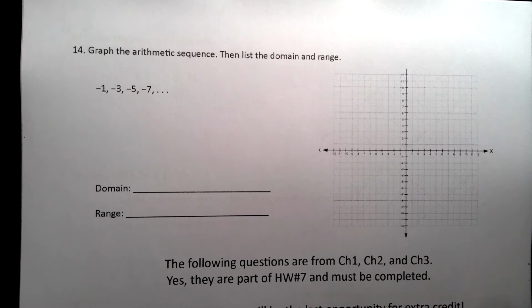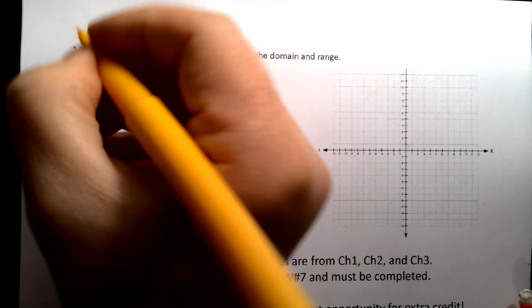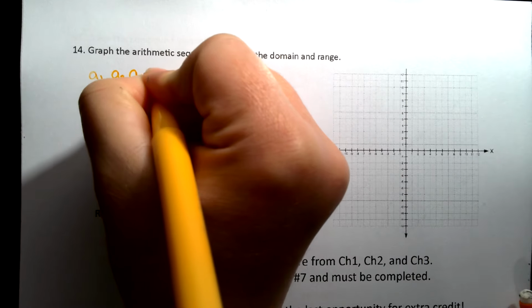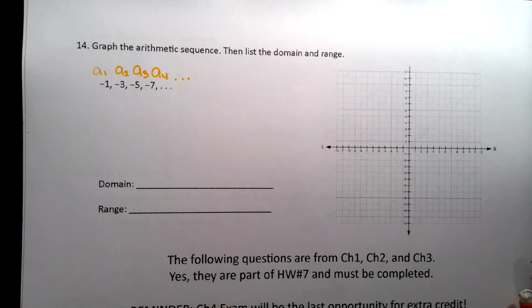Graph the arithmetic sequence, then list the domain and range. Okay, so when you have an arithmetic sequence, they are giving you a discrete list. This is your A sub 1, A sub 2, A sub 3, A sub 4, and so on.